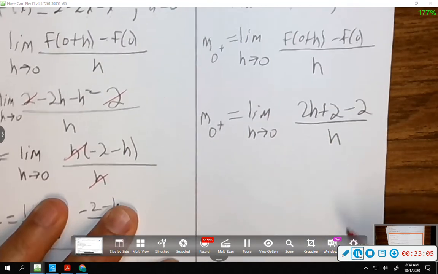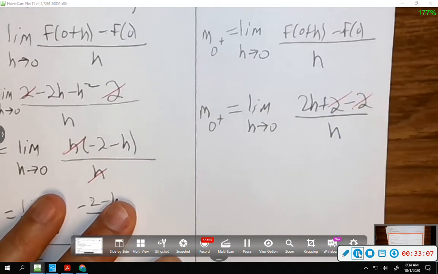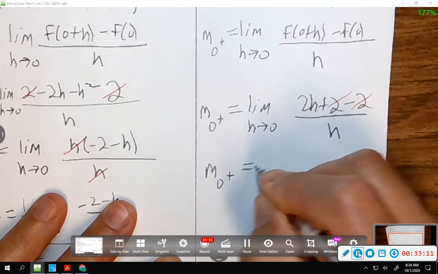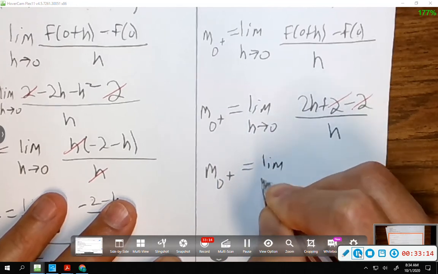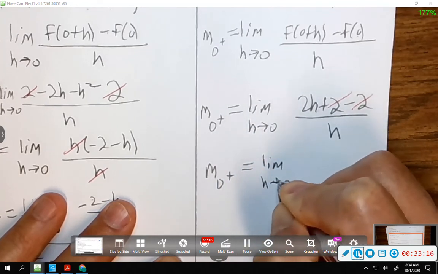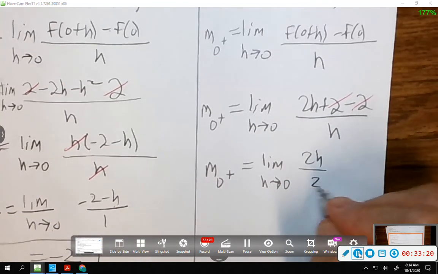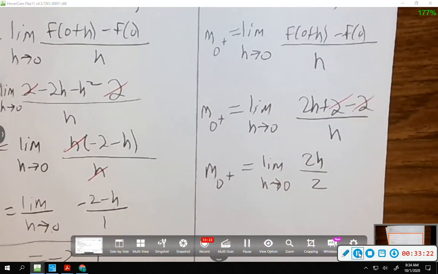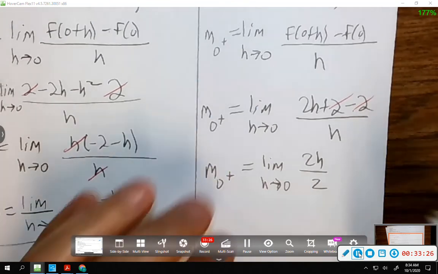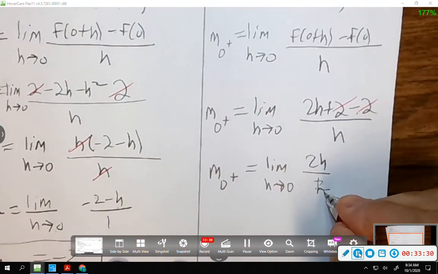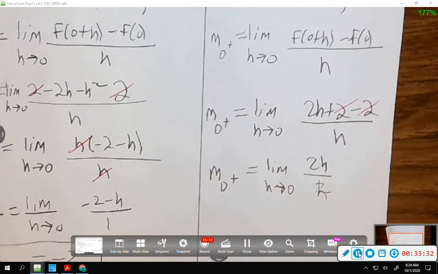Cancel. The slope at 0 from the right is the limit as h approaches 0 of 2h over h. Okay? And I cancel the h.